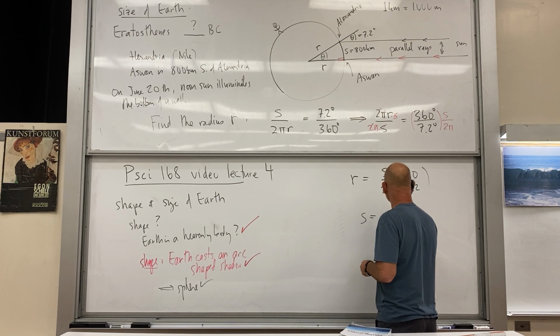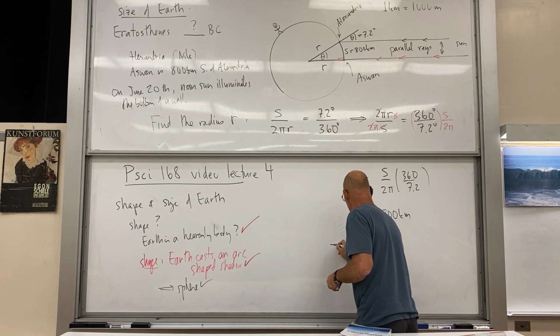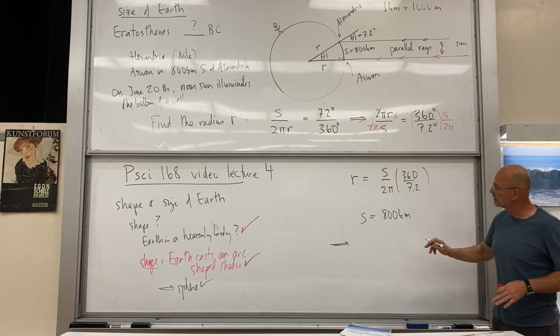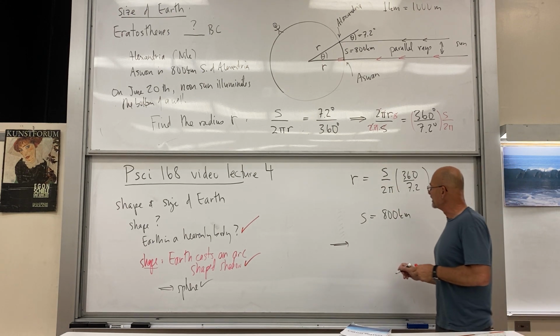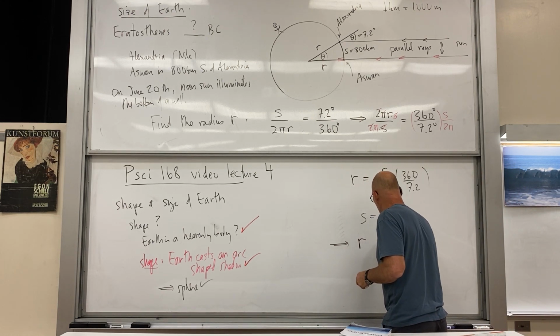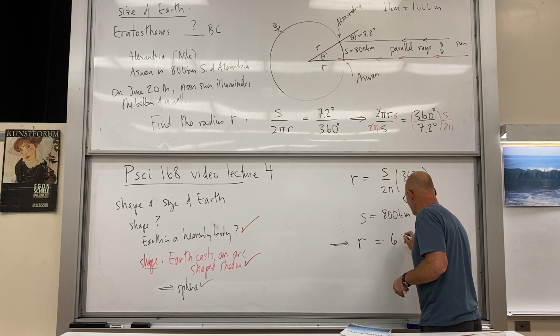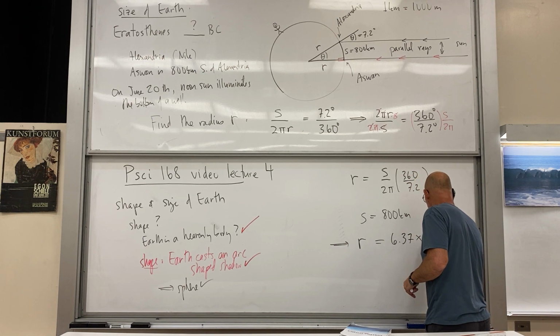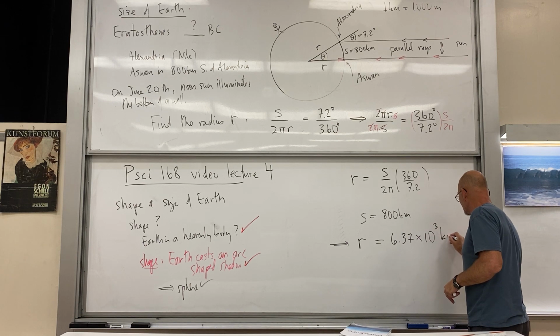S is equal to 800 kilometers. Now go ahead and leave room in your notes and actually take out your calculator and do this. You're going to get approximately R is equal to 6.37 times 10 to the 3 kilometers.